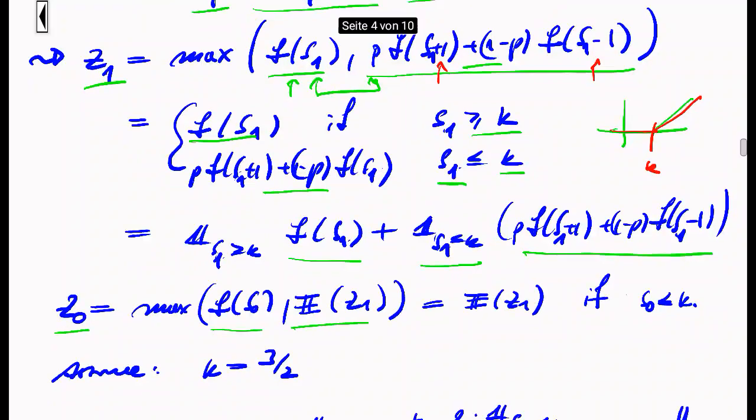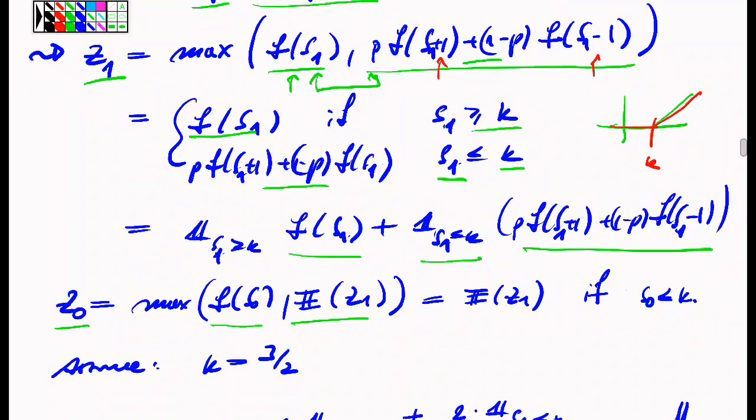Now let us assume for simplicity that the S0 value, which is just the level of the stock at time 0 and a datum of the problem, is below the number k.